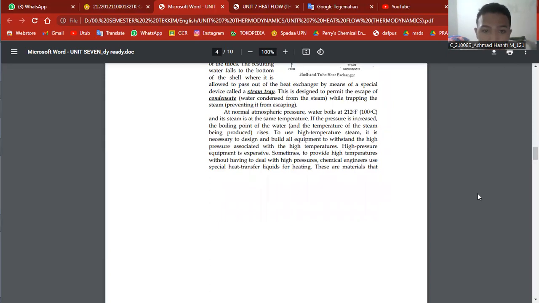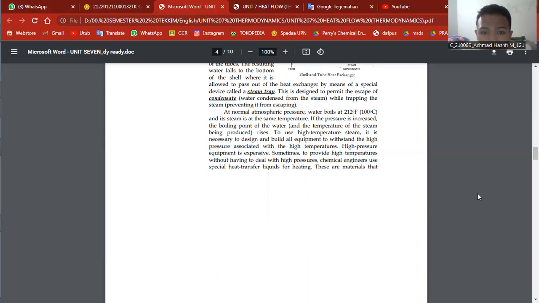At normal atmospheric pressure, water boils at 212 Fahrenheit degrees or 100 Celsius degrees, and its steam is at the same temperature. If the pressure is increased, the boiling point of the water and the temperature of the steam being produced rise.